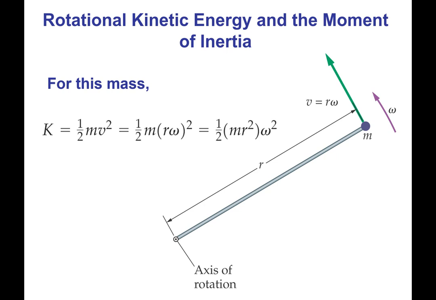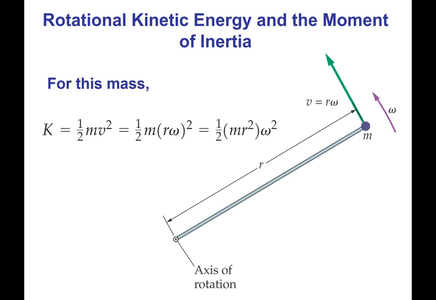But most things don't have a uniform mass spread out. Think about an ice skater: when they go to speed up, they pull their arms in, and when they need to slow down, they push their arms out. If you have a rolly chair that you can spin in, you pull your arms in, you'll go faster. You let your arms out, you'll go slower.